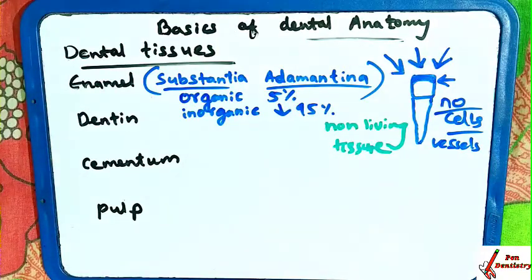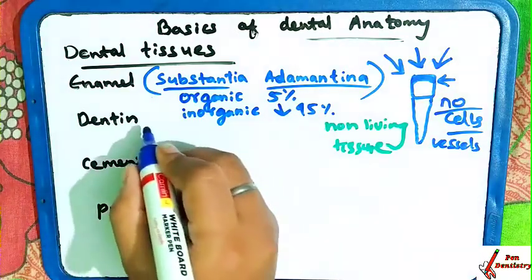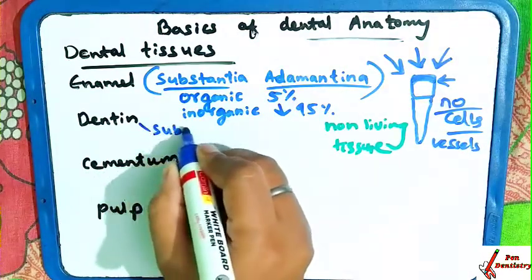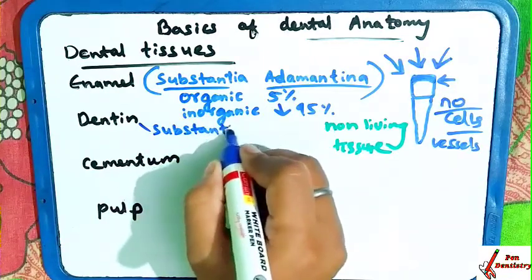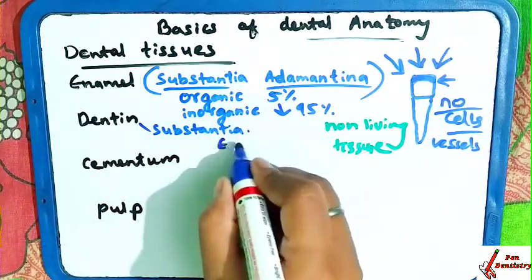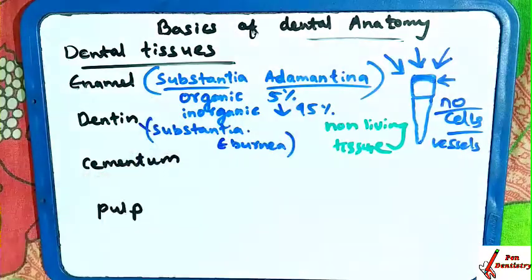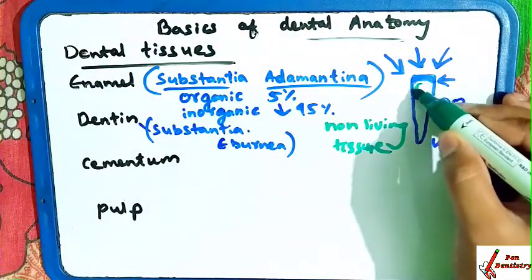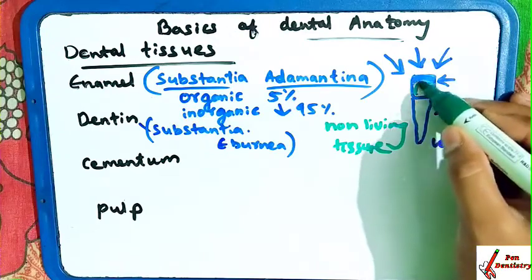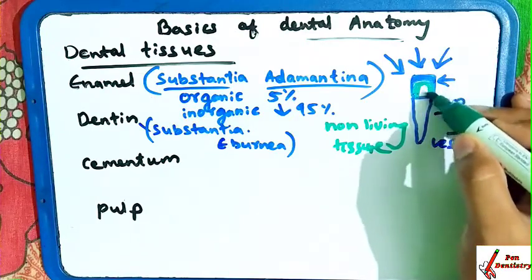Dentine. Dentine is known as substantia eburnea. This is the bulk of the crown, the inner part just under the enamel. This is the dentine part, the green one.